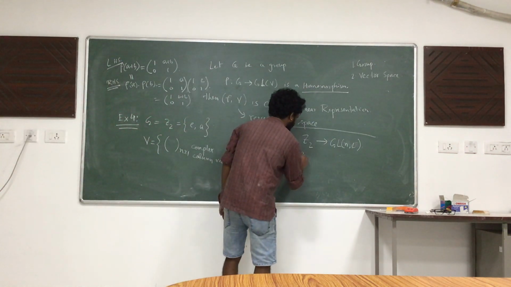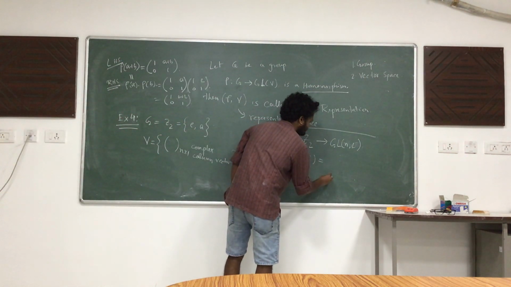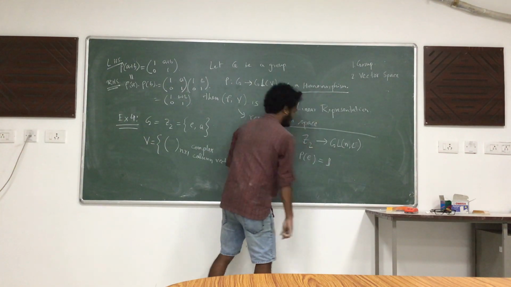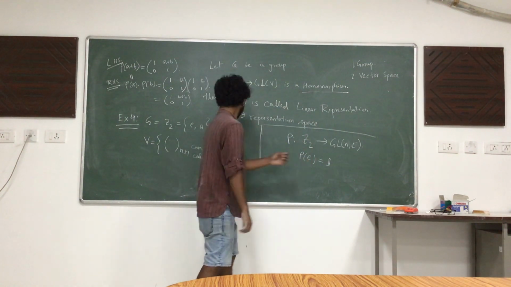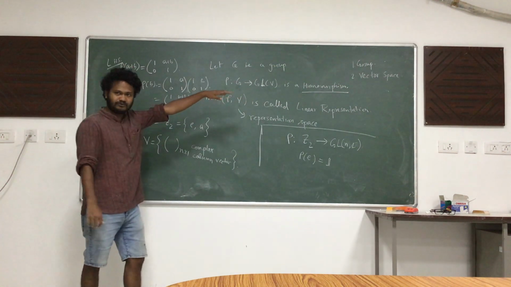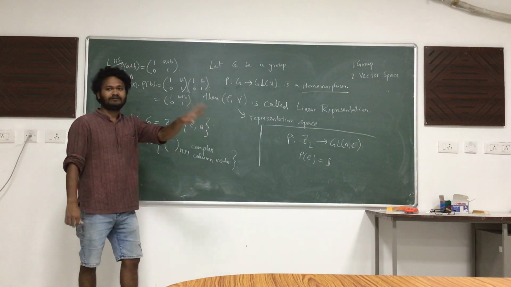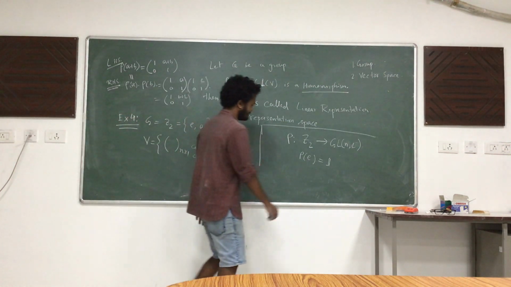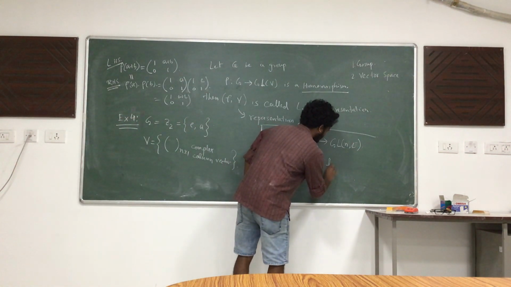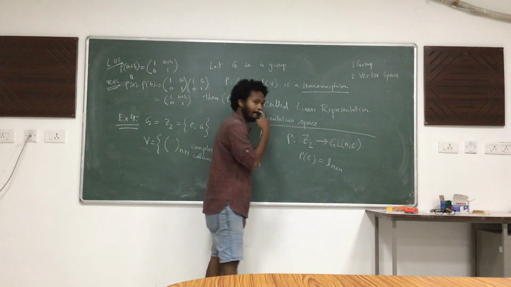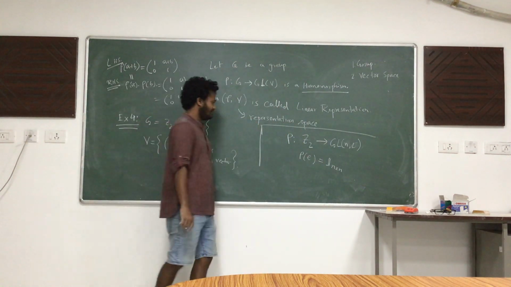And let us explicitly define this. This has to be identity, because for the homomorphism to hold, we know that the identity element of the group should go to the identity element. Right?